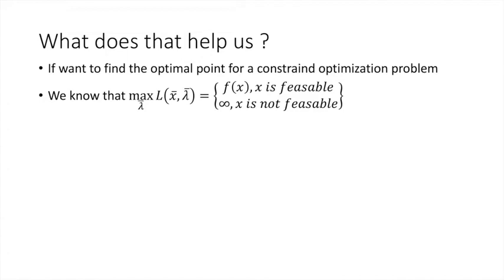We note that lambda has to be larger or equal to 0 using the KKT conditions. And so our desired point is minimizing over x, maximizing over lambda of L(x, lambda).